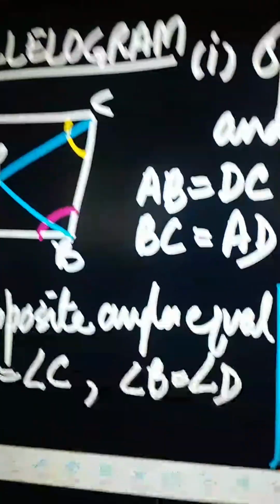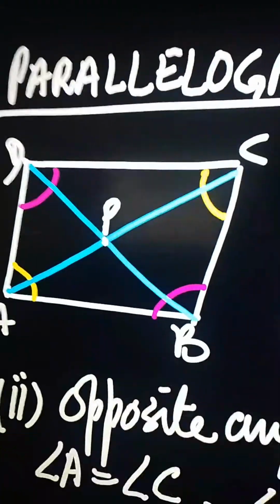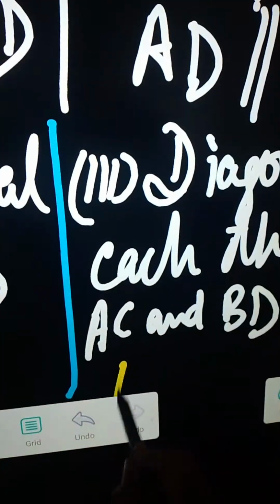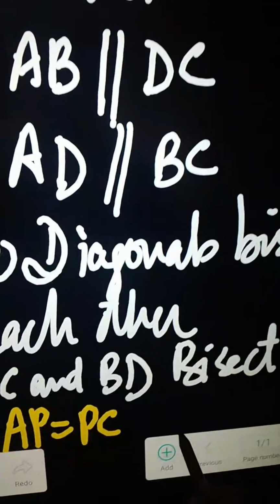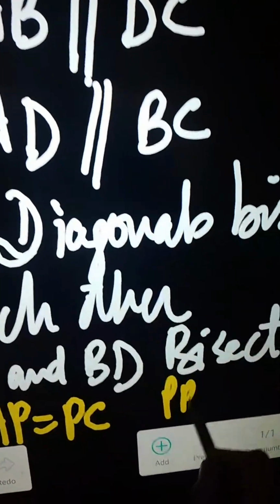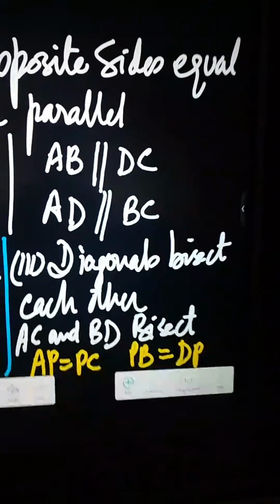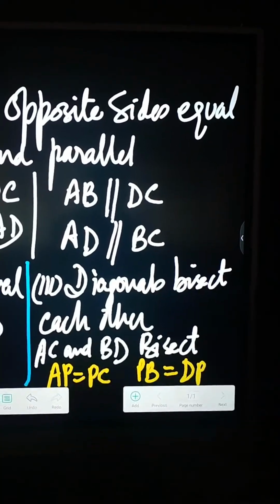So which means who will be equal? AP will be equal to PC and PB will be equal to DP.